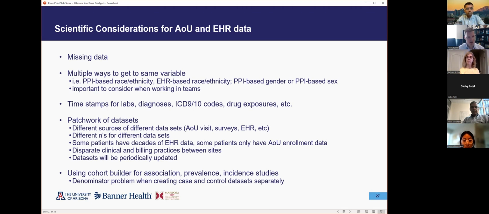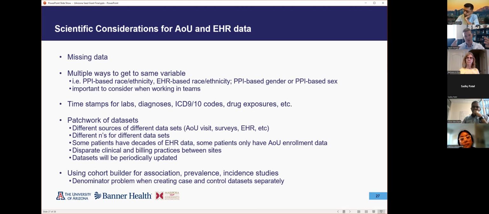And then also this denominator problem. So for instance, you can't assume that the individuals that don't have electronic health records data don't have the condition that you're studying, right? If they don't have ICD-9 or 10 code data, then they're definitely not going to be effective cases, and they're probably not going to be effective controls either, because you don't have any clinical data relevant to that individual.